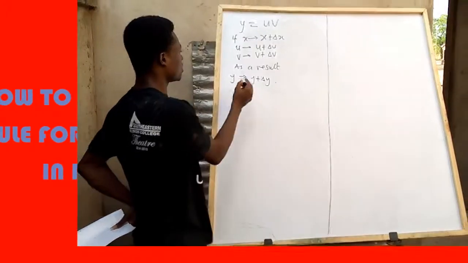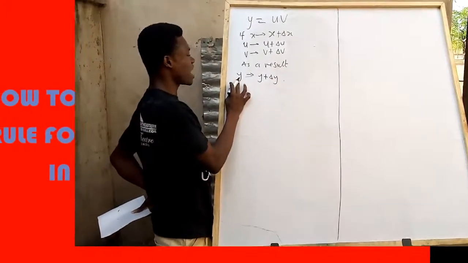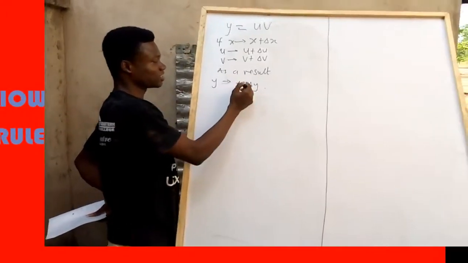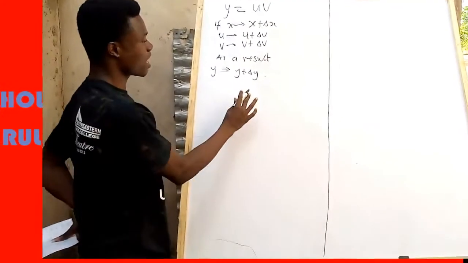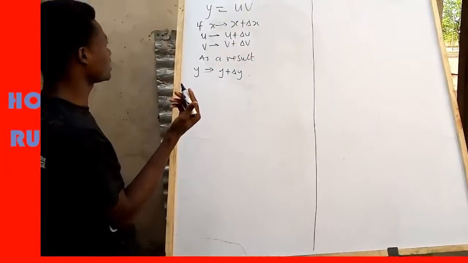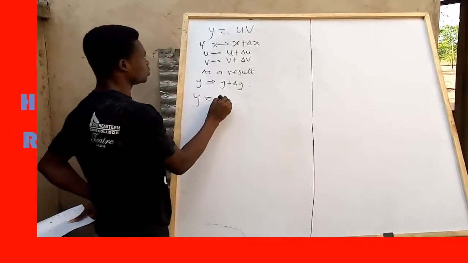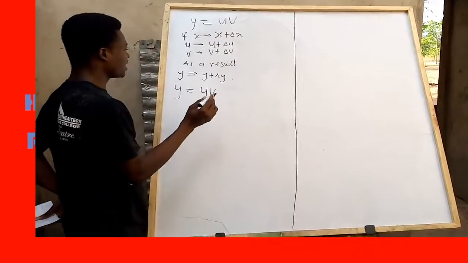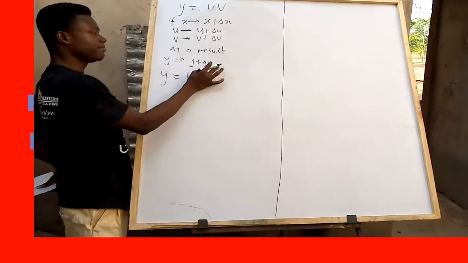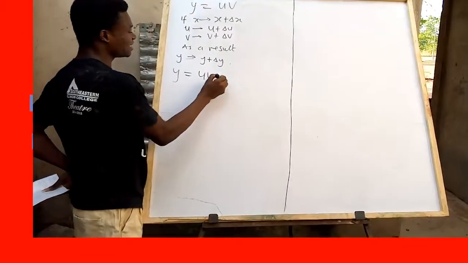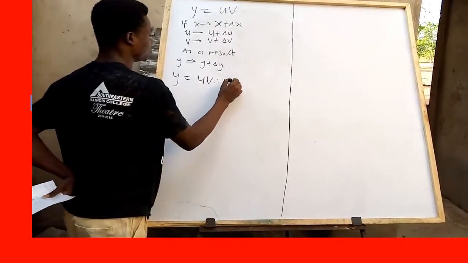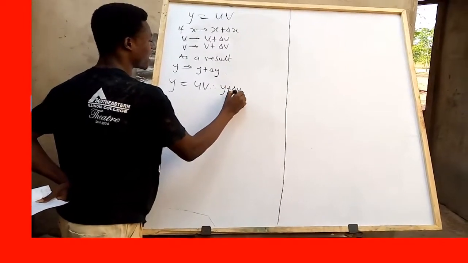As a result, I can also say that y maps to y plus a small increment in y. So if there is some small increment in y, my y turns to y plus change in y.